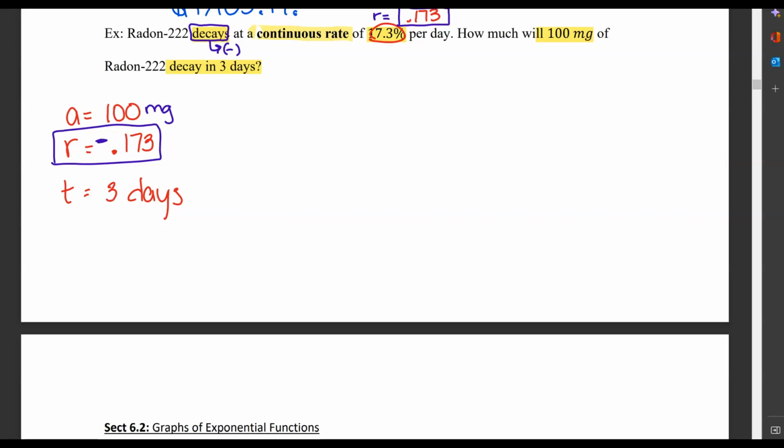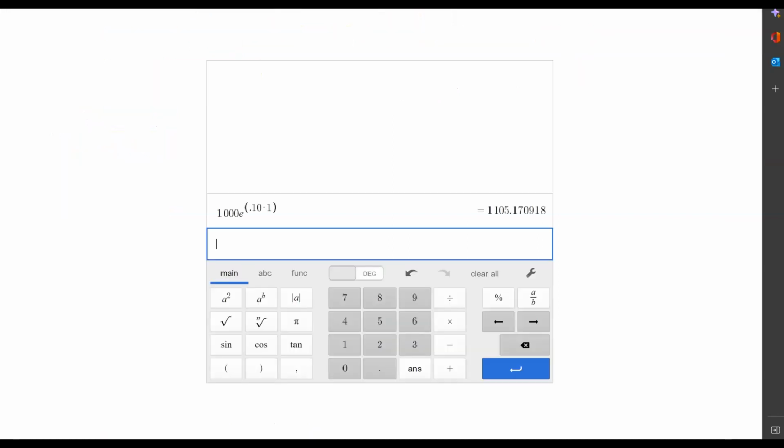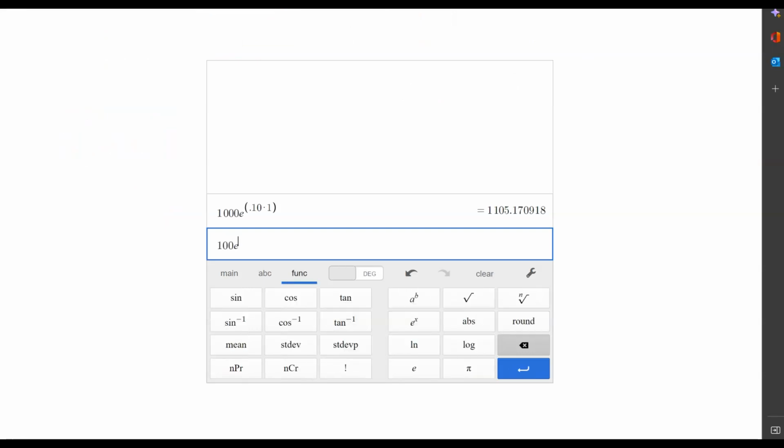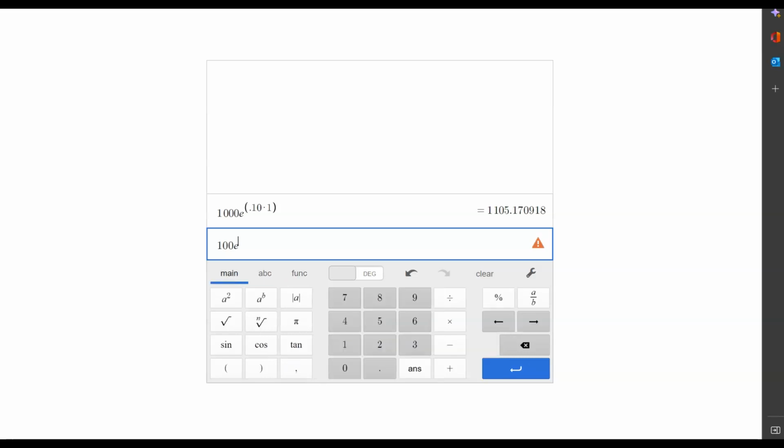So then we're going to go ahead and write out our formula. We get A of t is equal to 100 e to the negative 0.173 times 3. Okay, so let's go ahead now and come to the calculator and plug that in. So we have 100. We're going to come over to functions, click on the e, go back to the main.